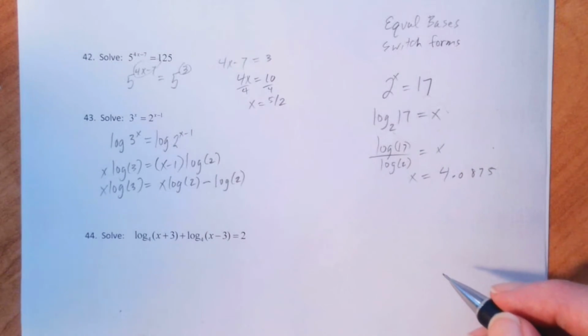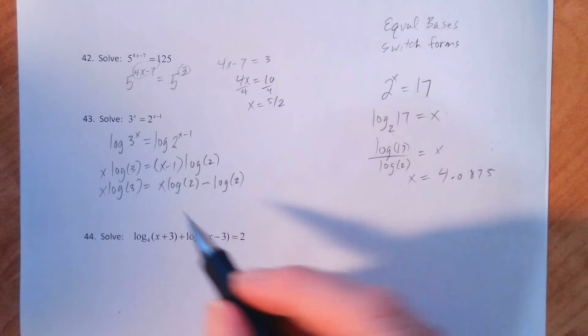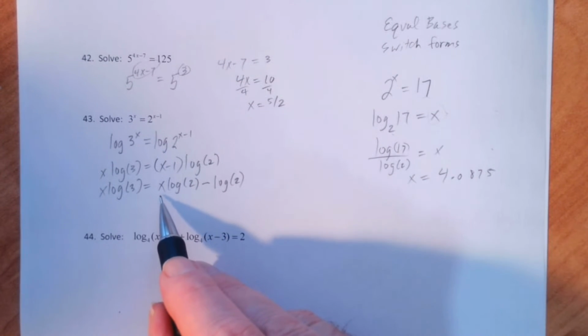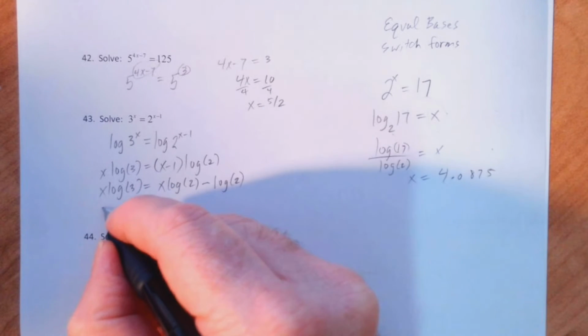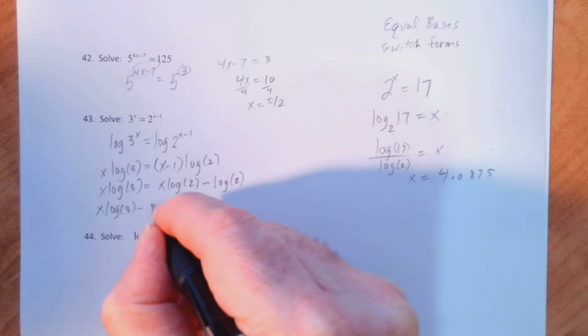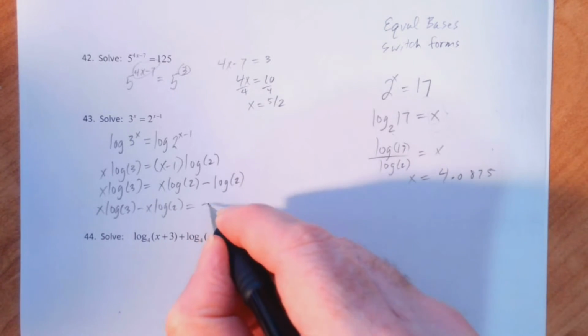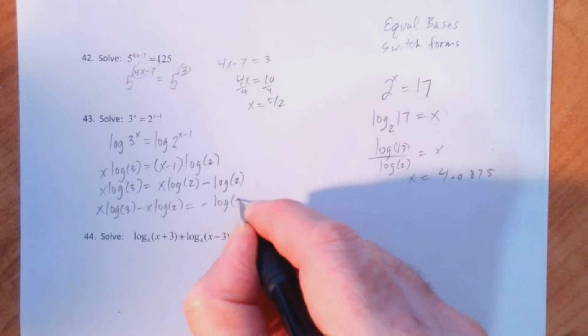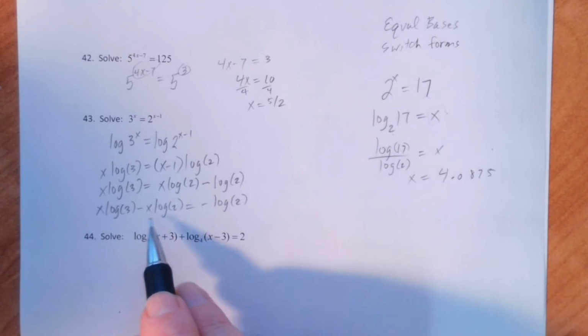Now remember, we're trying to solve for x, so we need to get these two terms that have an x in them on the same side. So I'm going to subtract x log of 2 on both sides. When I do that, I'll get x log of 3 minus x log of 2, and that's going to be equal to minus log of 2. So now we can factor out a GCF of x.